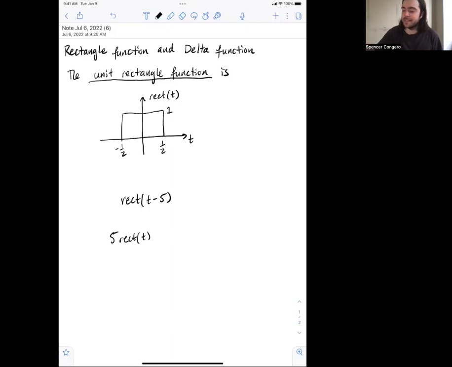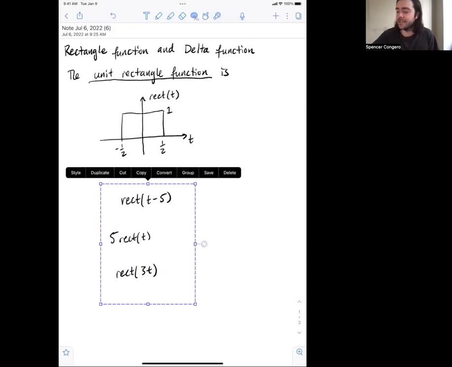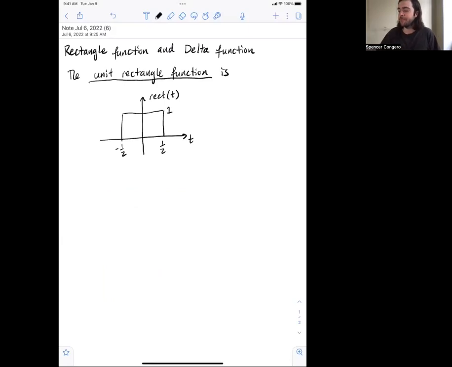I could combine these. I could time scale it. I could have rect of 3t. So I can do all these manipulations to get other rectangles, in all different locations. This one is just called the unit rectangle function because it's our standard one we call rect of t, and then all the other ones we can transform this one to get.